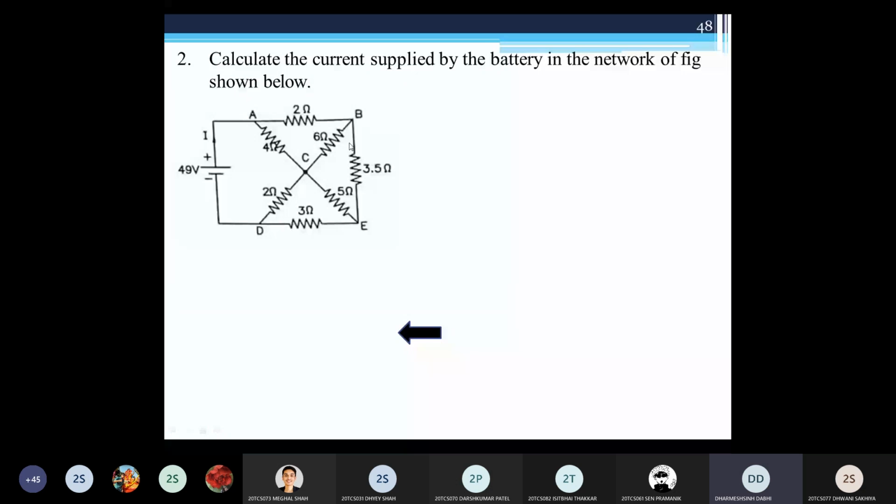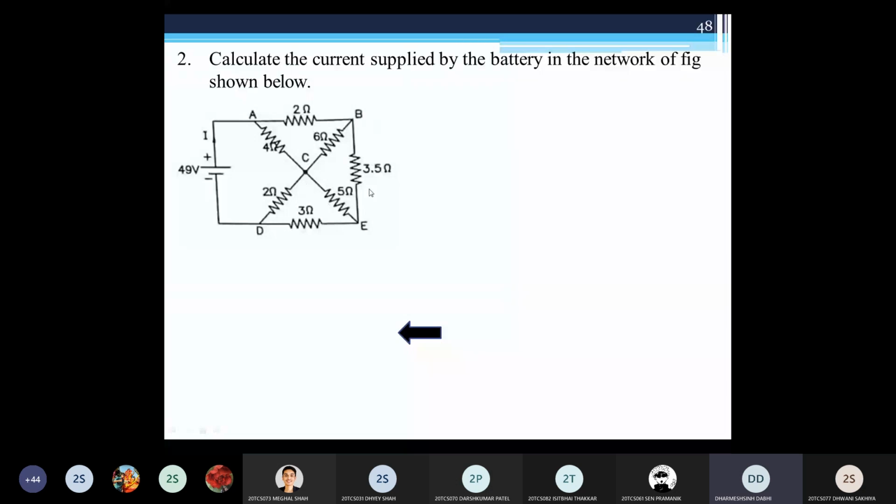So here you can see there are a number of delta fashions. Which delta do you first convert into star so that you get the answer very quickly? If you see, you can find three deltas. One is ACB, another is CDE, and the third one is BCE.